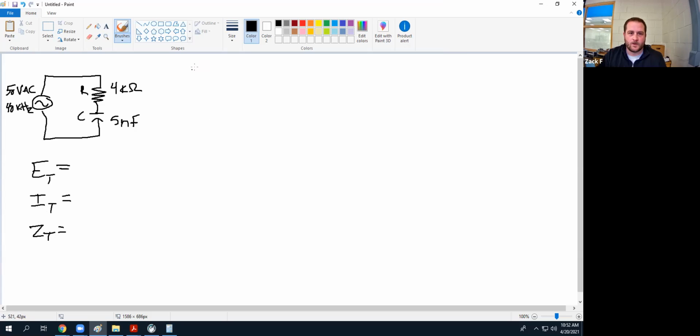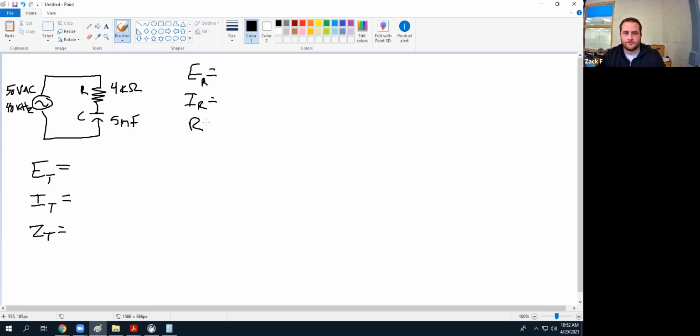Can we solve for the voltage across the resistor? IR. What is the resistance of the resistor?